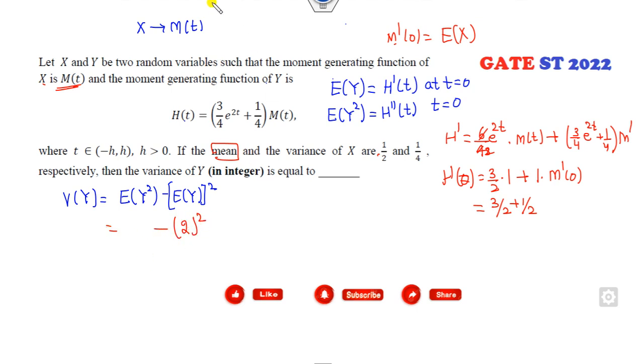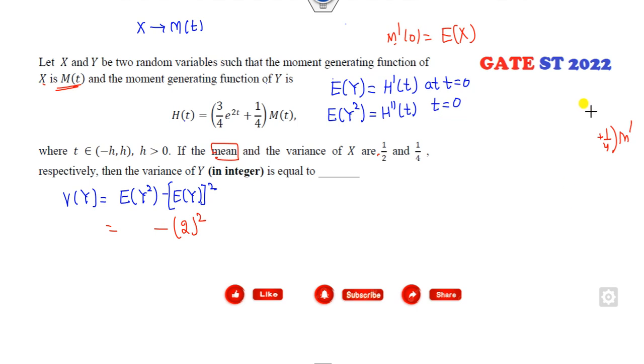Fine. Now your target is to find E of y square, so that is the second derivative. I need to calculate the first derivative again. It's 3 over 4 e raised to power 2t plus 1 over 4 into m dash plus 6 over 4 e raised to power 2t into m.